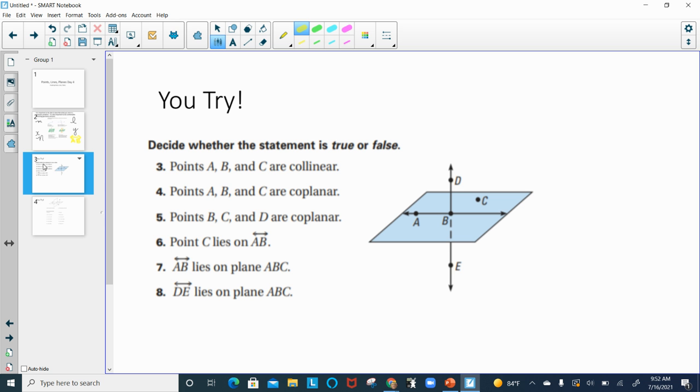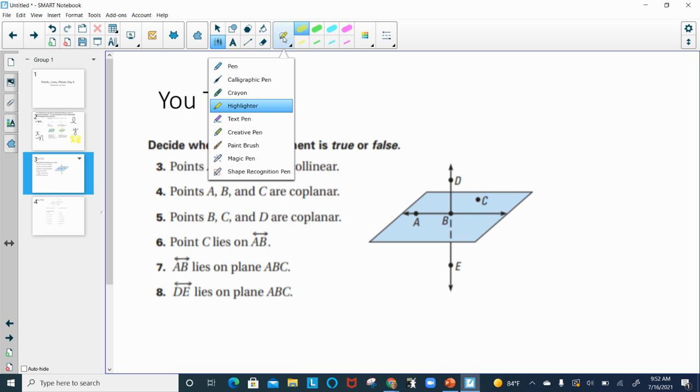Okay, so hopefully you got through 3 through 8. I'm going to roll through them kind of quickly. Now remember, collinear means that the points are all on the same line, or I could draw one line through those points.